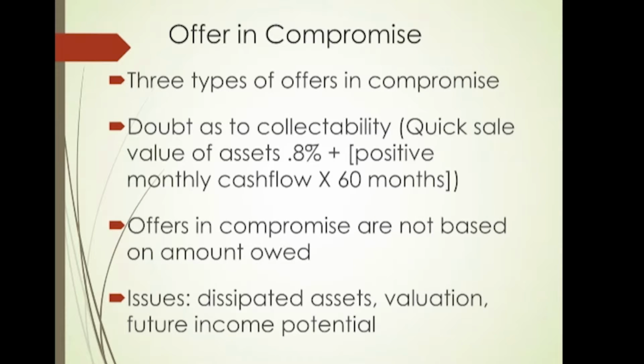The final issue I want to talk about is what we call future income potential. And this has been kind of a catch-all provision with the IRS to screen out offers and compromises in the past. They are less aggressive about it than they were a few years ago, but they still use it. So let's say I have a client who is a physician, and they've been earning $300,000, $400,000 a year.